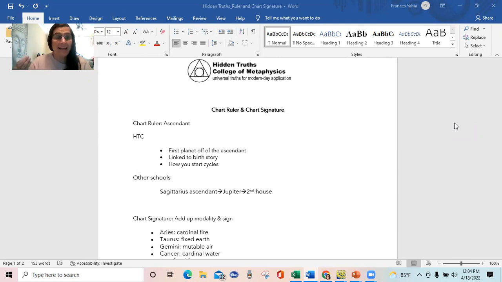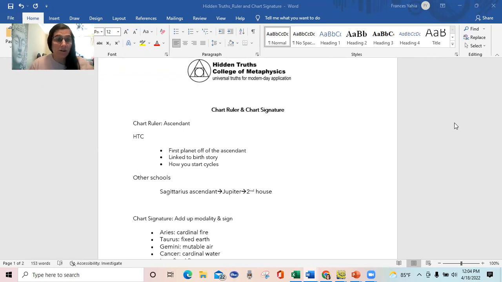So today I want to just elaborate on that so that you can start learning the crosses and the elements side by side. And then we'll do an example of a chart signature so you can see some of the emphasis in the chart that is of importance because of the chart signature. So it's just another way of understanding why the person lives their life through the lens of that planet or that archetype the way that they do.